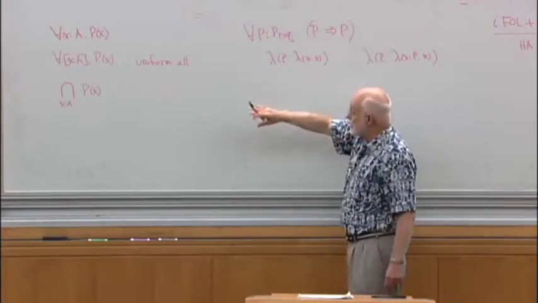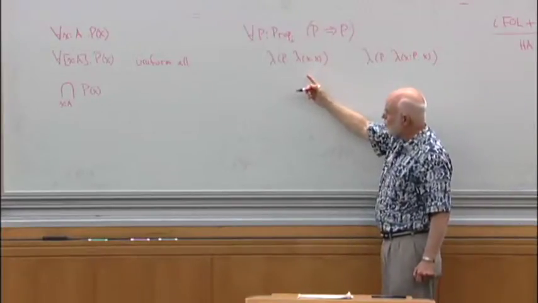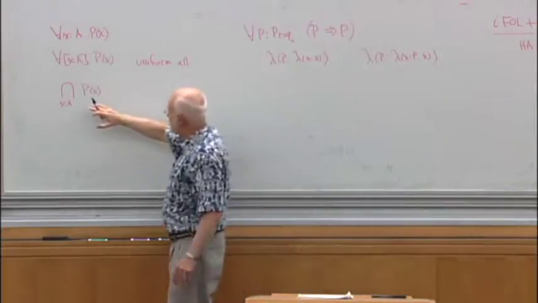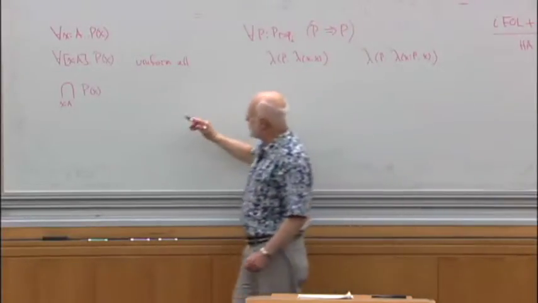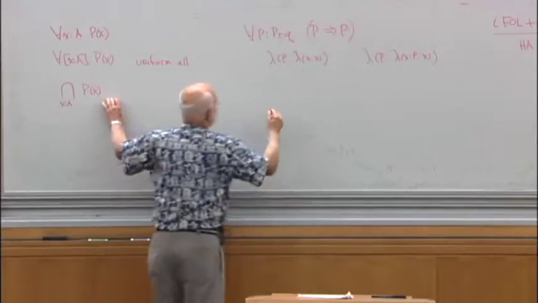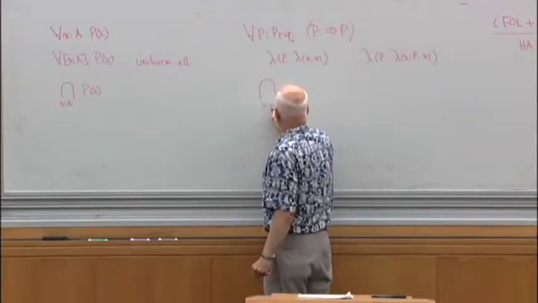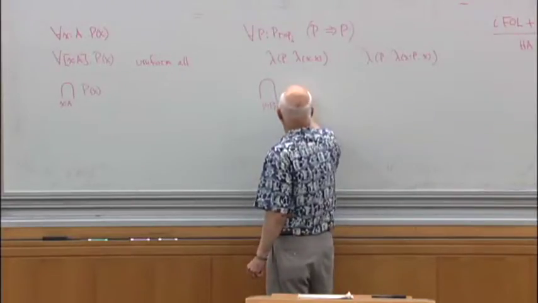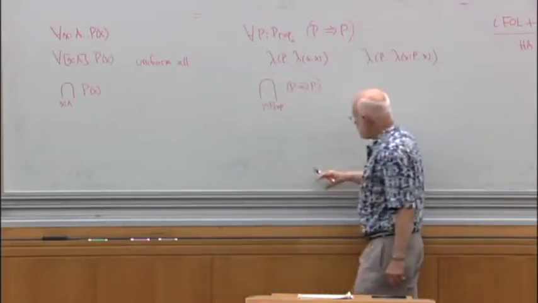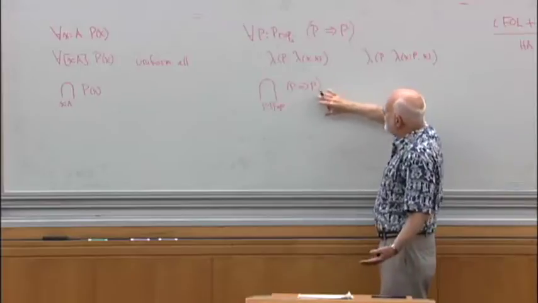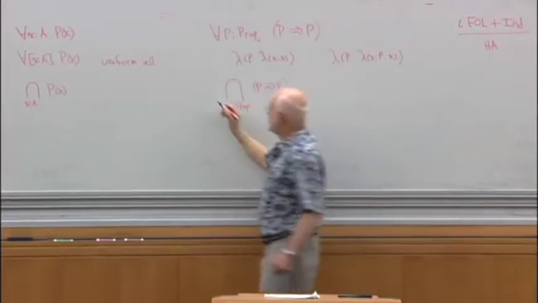But here, we're going to go a little beyond that, and we're actually going to do this uniformly. So here, you're seeing the Curry style thing. But now I'm proposing that over here, let's take the intersection now. If we do this intersection P in prop of P implies P, then the only thing in that type is essentially lambda x dot x, right?